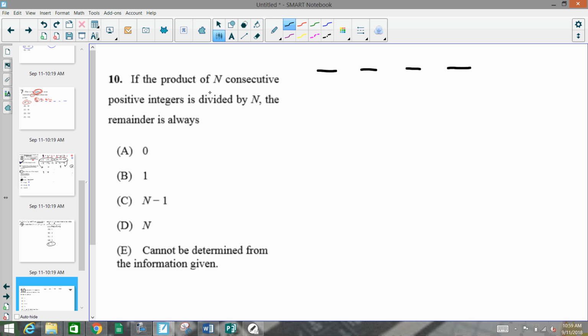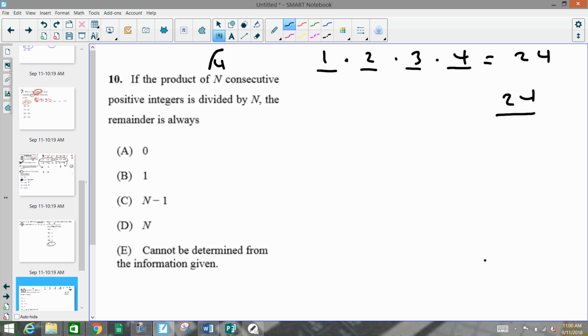I love even numbers. If the product of n consecutive, 4 consecutive positive integers. It's not telling me even or odd, so I can write here 1, 2, 3, 4. Product of 4 consecutive positive integers, multiply, is equal to 24 divided by n.